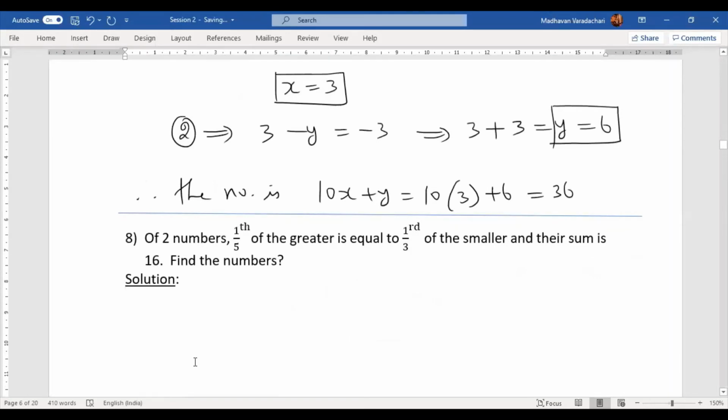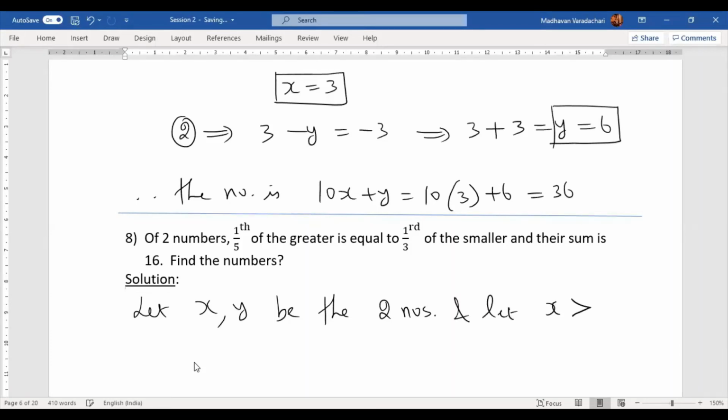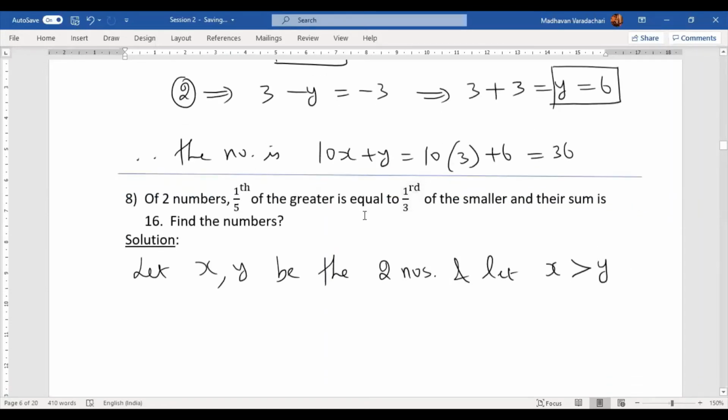The question is, of two numbers, 1/5 of the greater is equal to 1/3 of the smaller, and their sum is 16. So let's say, let x comma y be the two numbers, and let x be larger than y, because we have to assume one as greater than the other one.